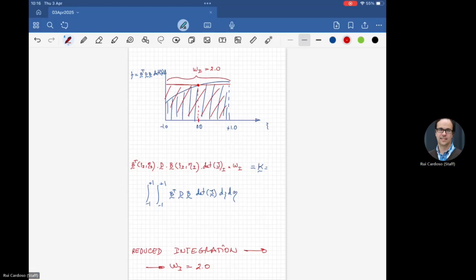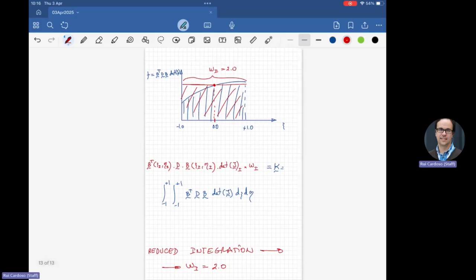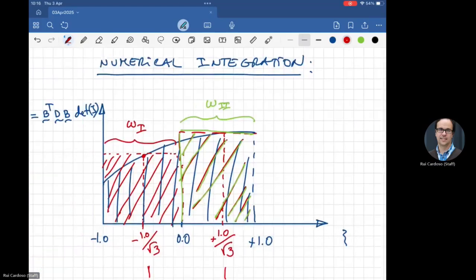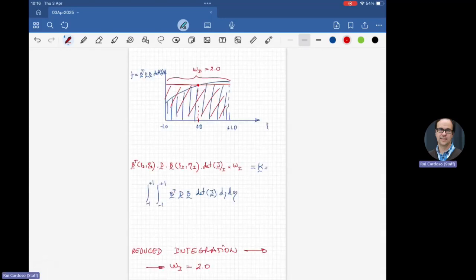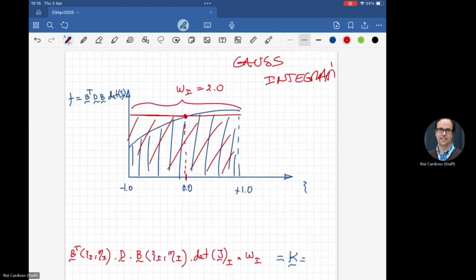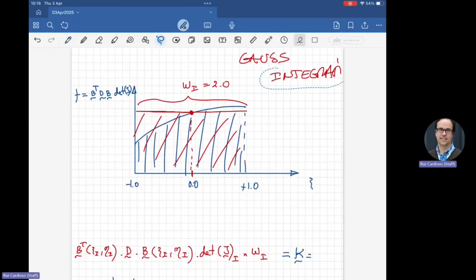Okay. There are other integration rules. So basically, this is the Gauss integration. So that's why you hear a lot of times Gauss points, right?